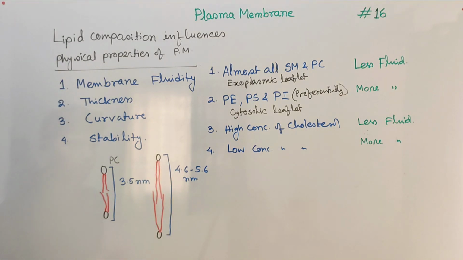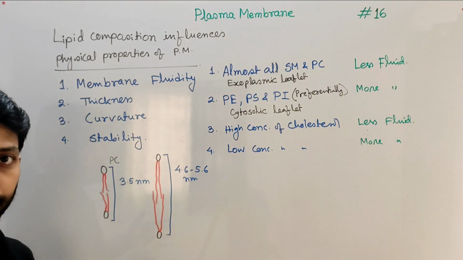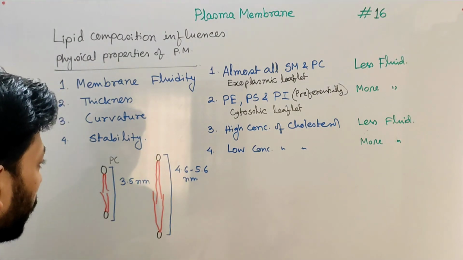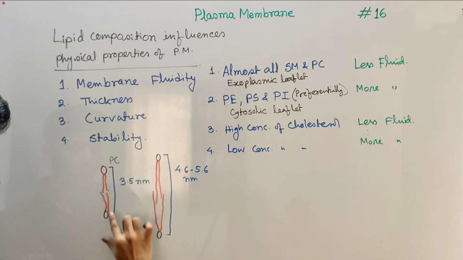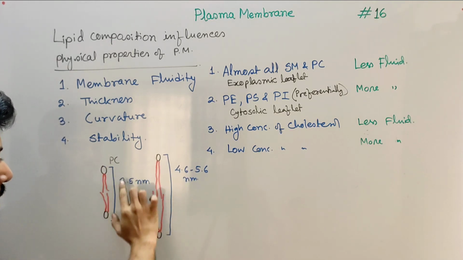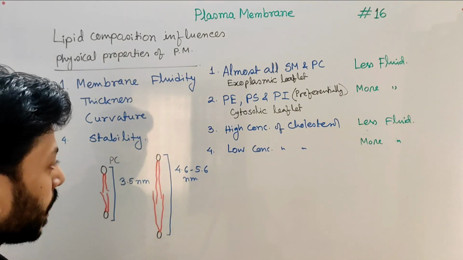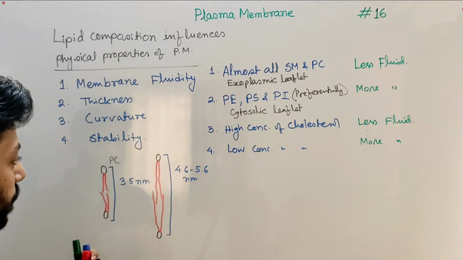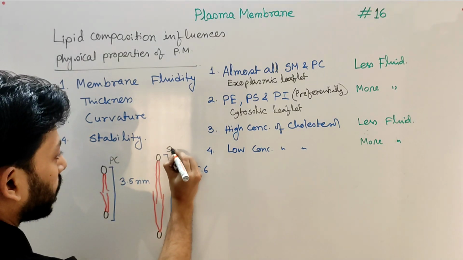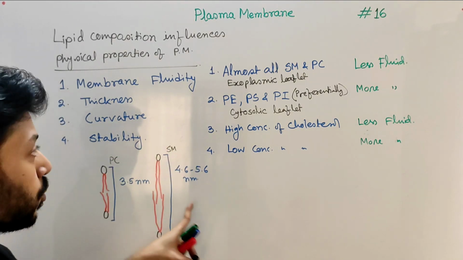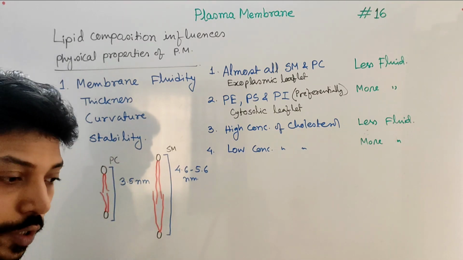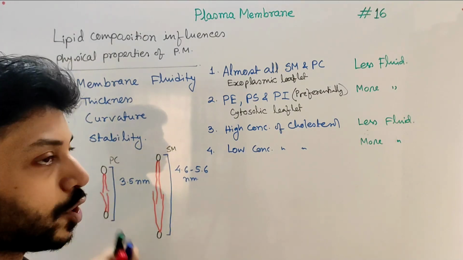So what I am talking about, if the two lipid layers of the plasma membrane contain phosphatidylcholine, both are phosphatidylcholine, then the thickness is 3.5 nanometer. If it is sphingomyelin, then the thickness is different. So thickness is also controlled by lipid composition.